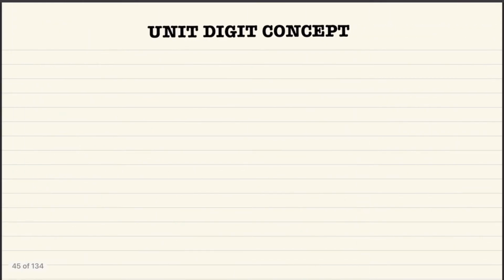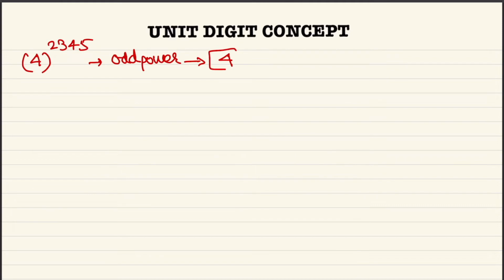If I have to find out 4 raised to power 2345, this is again an odd power, so my answer will be 4 itself. If instead of 2345 it was 4 raised to power 2346, then it is an even power.